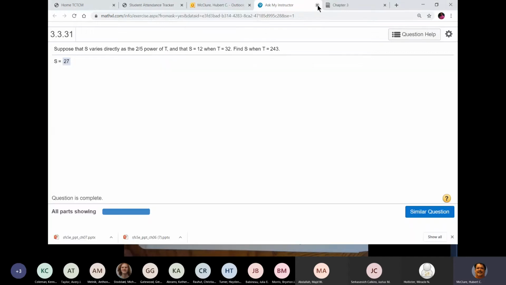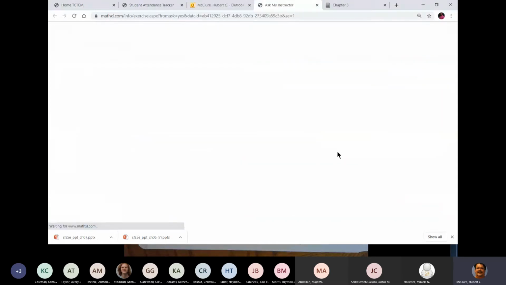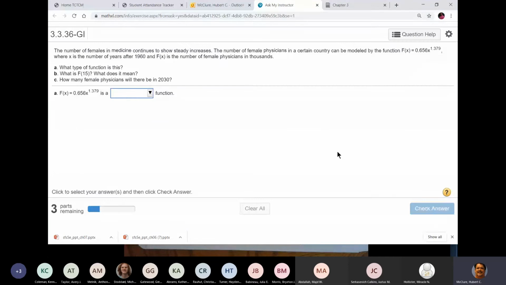Next is number 14. The number of females in medicine continues to show steady increases.